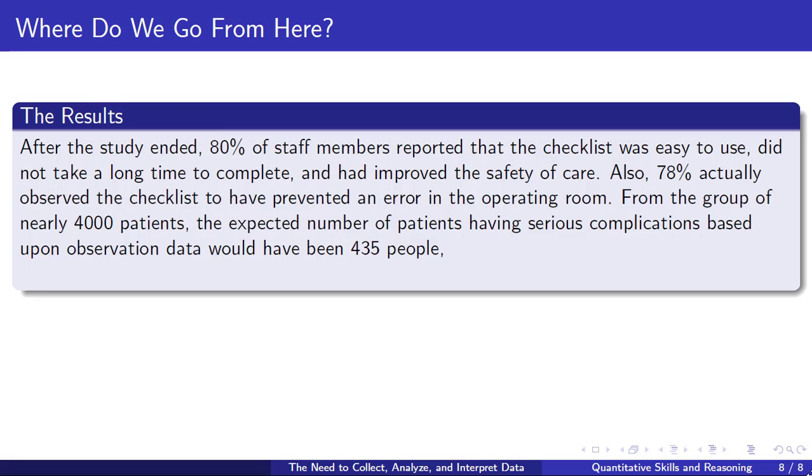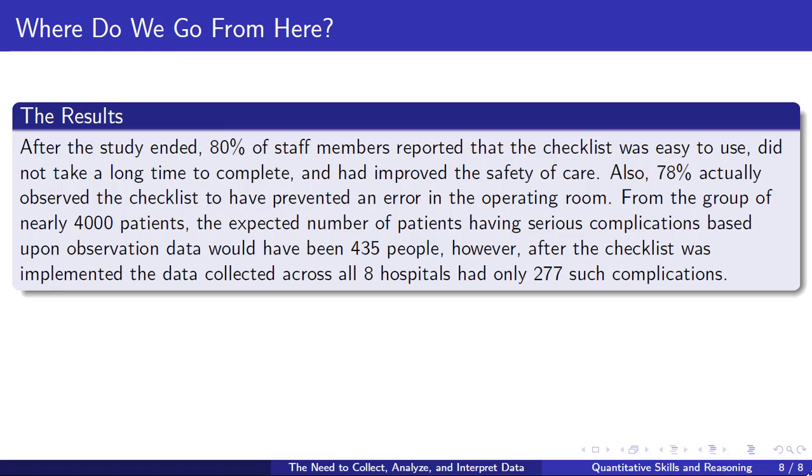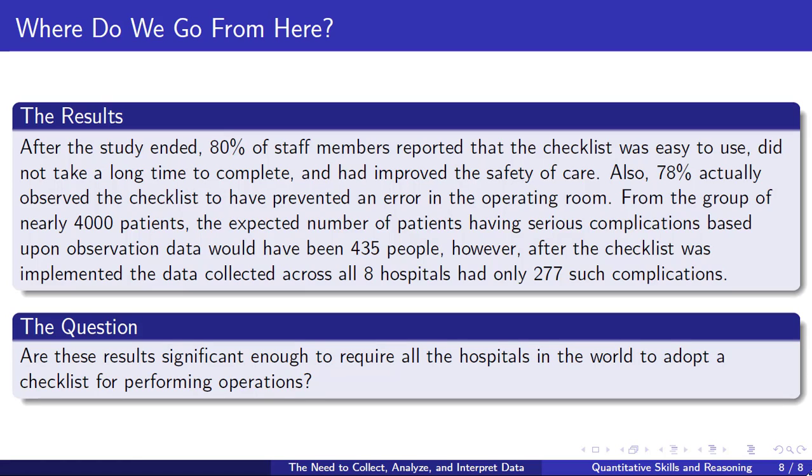Now, from that group of nearly 4,000 patients, if you take what they observed prior to implementing the checklist, that observation data would have said there should be 435 people having serious complications. However, after the checklist was implemented, only 277 such complications occurred.